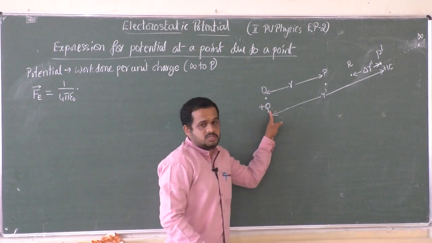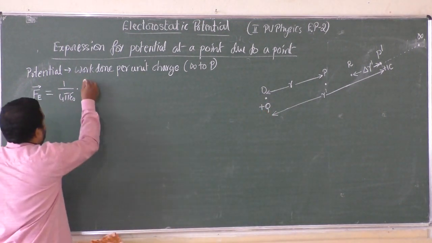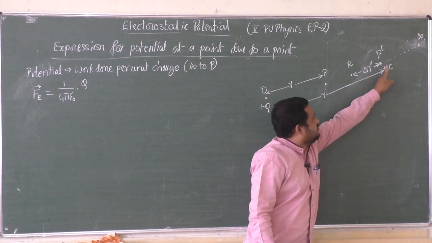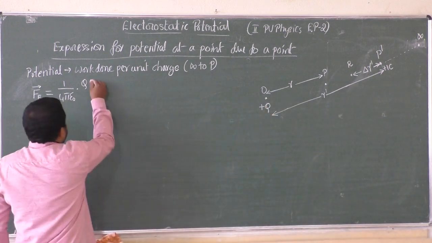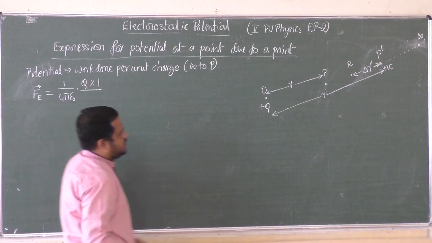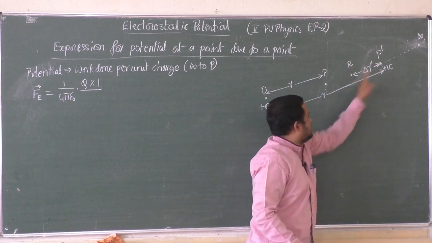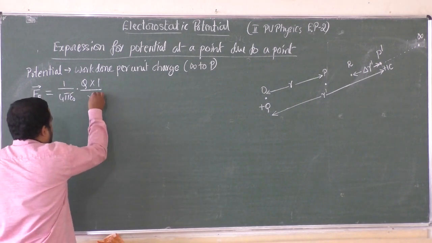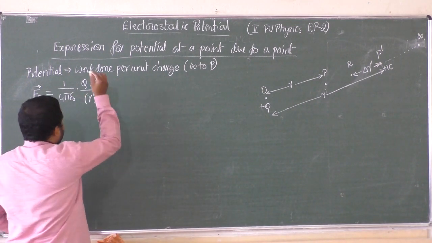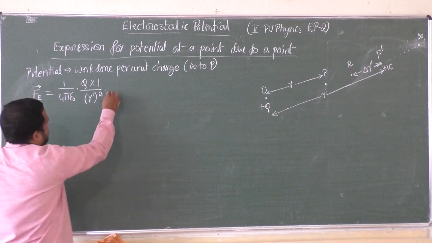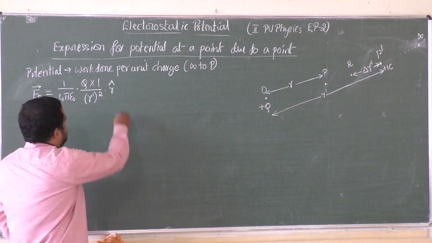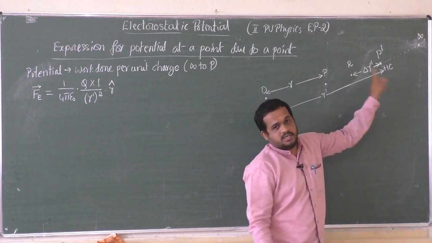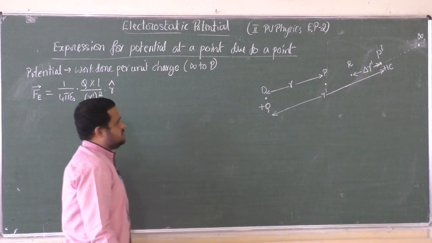Here, instead of Q1 we have the magnitude of the source charge Q, and instead of Q2 we consider a unit positive charge, so into 1, divided by the distance between these two charges, which we consider as R dash, therefore divided by R dash square, into the unit vector R dash cap, which is a unit vector along the line joining the charges to represent the direction.